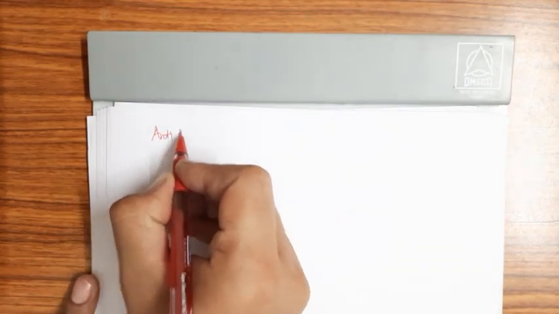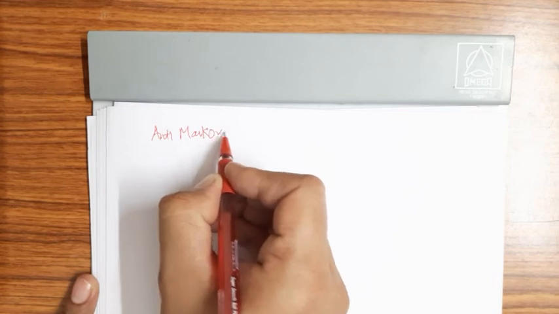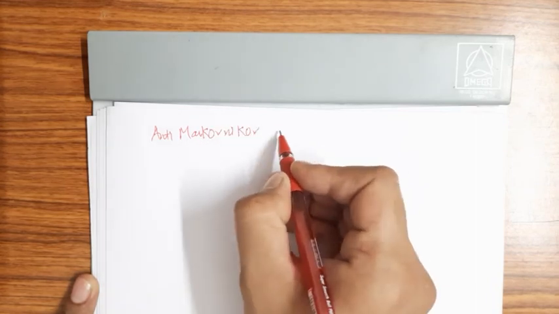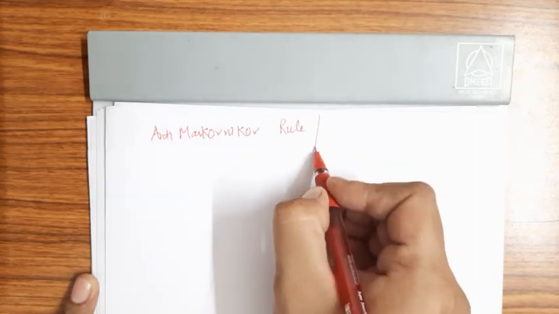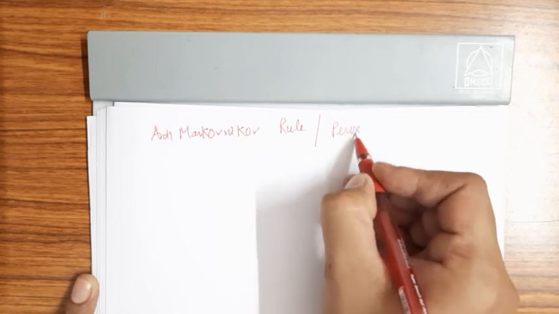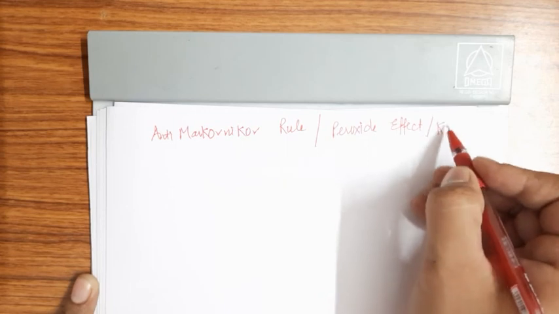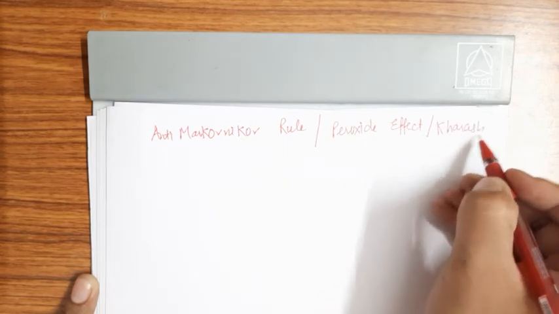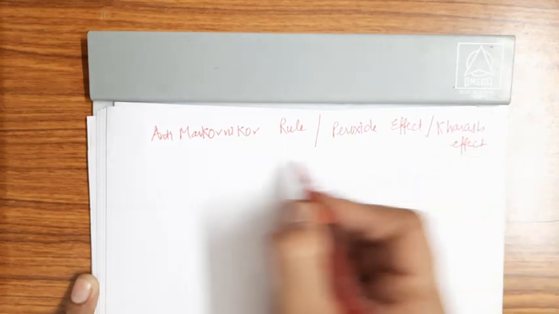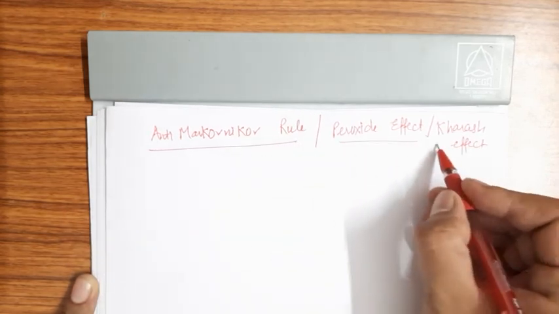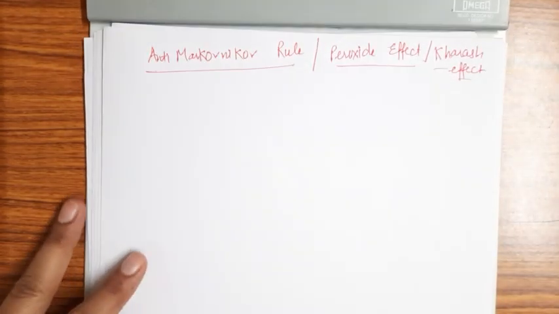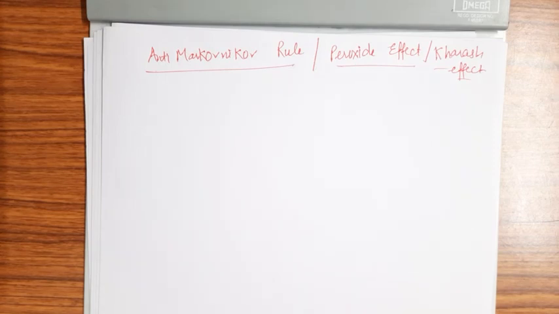The anti-Markovnikov rule is also known as the peroxide effect. It is also known as the Kharash effect. As the name shows, it is opposite to the Markovnikov rule.